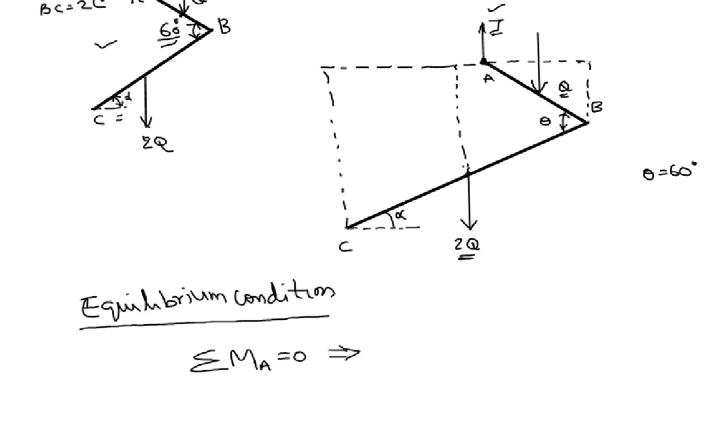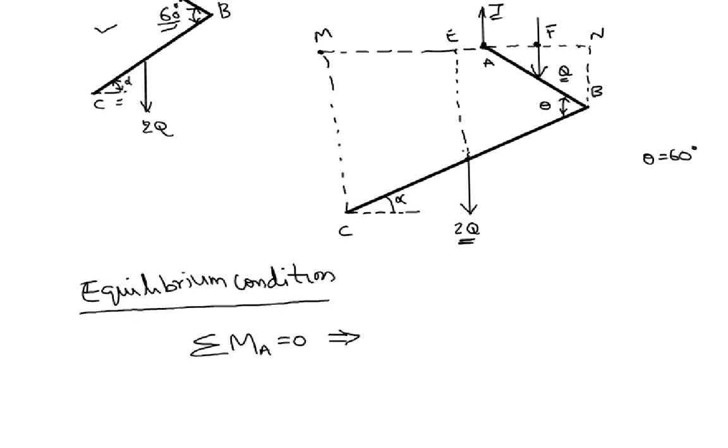Then I have extended this 2Q up to meet the horizontal line in E, and this point here I am designating as point F, this point as point N, and this as point M. So if you take moments about point A, the perpendicular distance of the force 2Q from point A is AE.